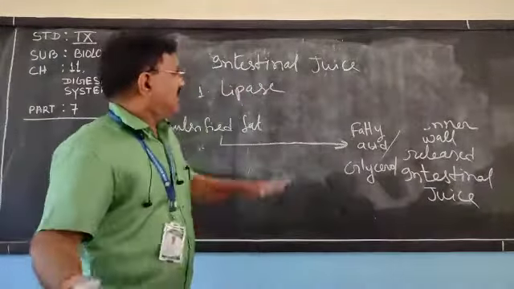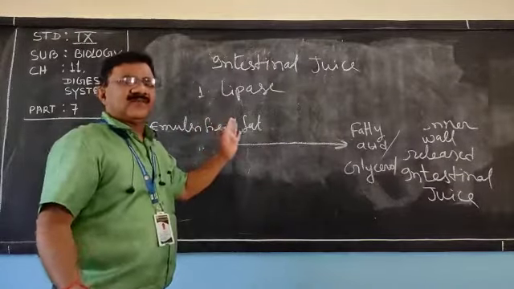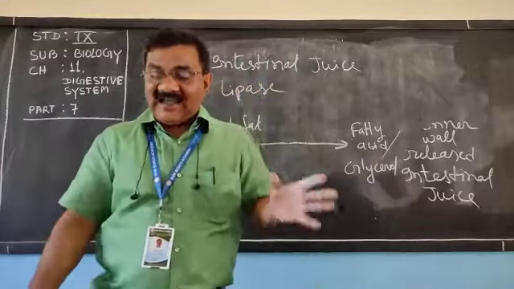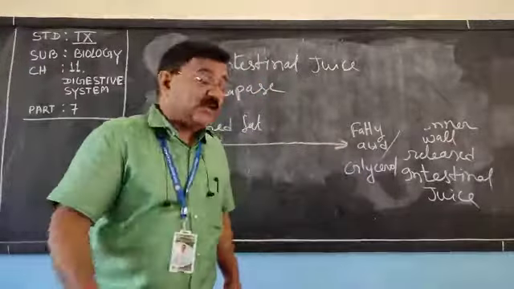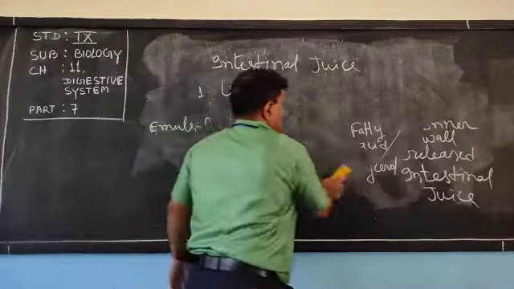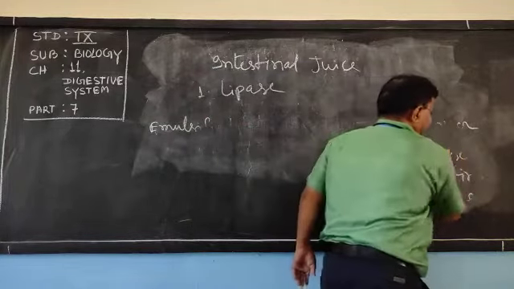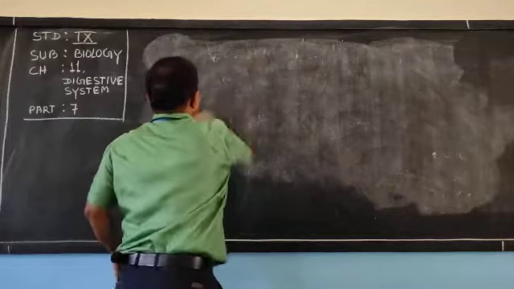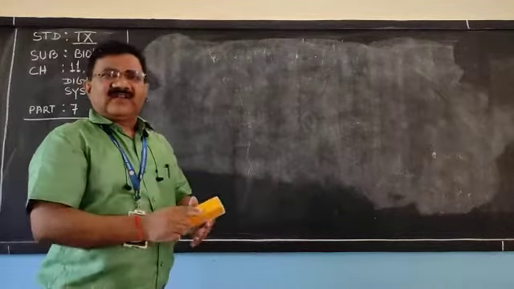We have discussed that trypsin breaks protein into peptides. Now what happened? Peptides are changed into amino acids. Once more, try to understand.